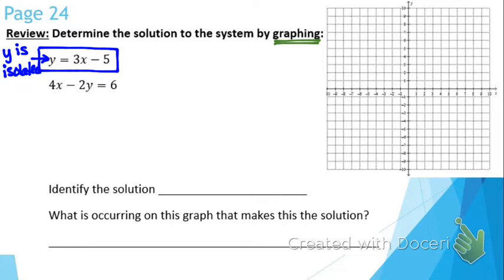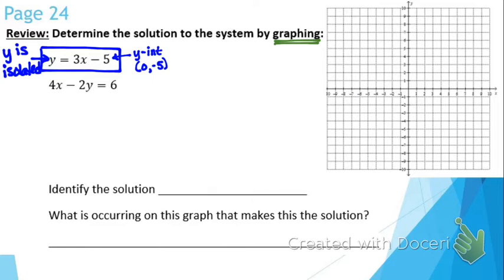So where do I put my first dot here? I put it on the y-axis, -5 on the y-axis. Y-intercept, 0, -5.